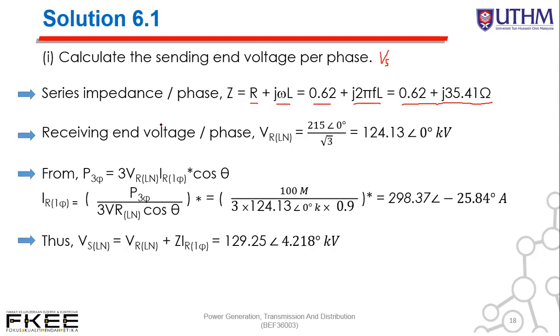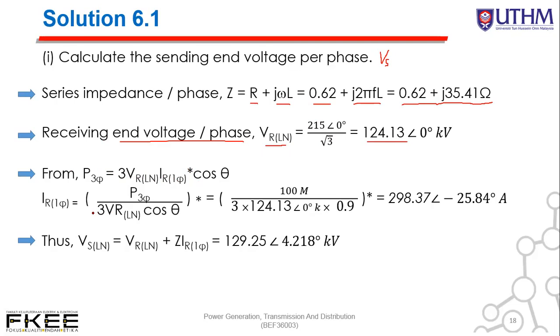Then we can calculate the receiving end voltage per phase. The given voltage is 215, so to get the receiving end voltage per phase, line to neutral, 215 divided by square root of 3, we get 124.13 kilovolt. From the formula of three phase power, P equals 3 VR line to neutral times IR single phase times cos theta, with IR the conjugate. Rearranging, IR single phase is the power divided by 3 VR LN cos theta.